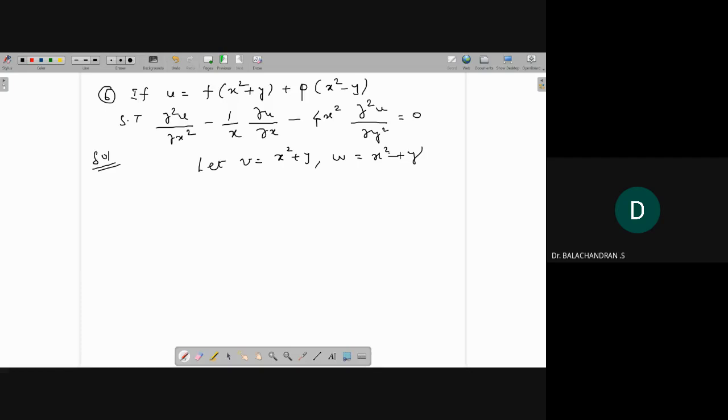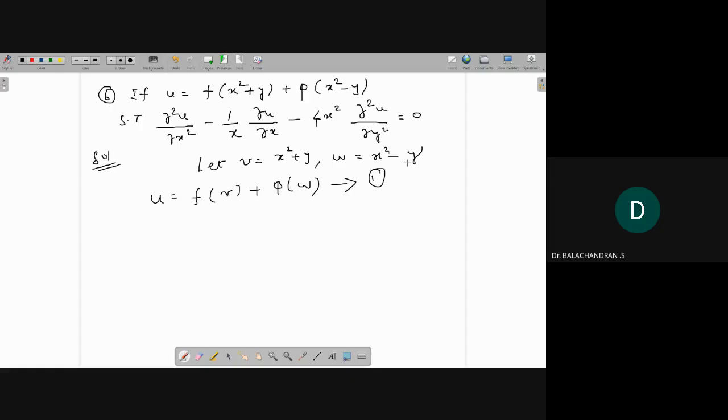Okay, so now I write the given problem: u equal to f of v plus phi of w. This is equation number 1.